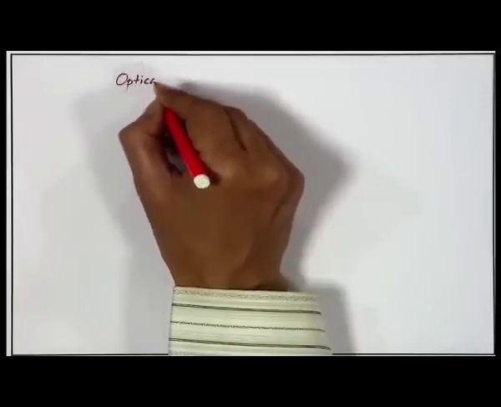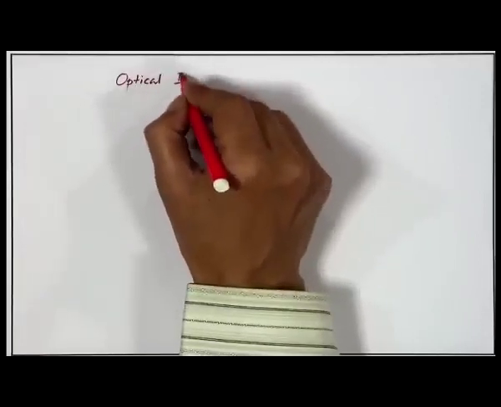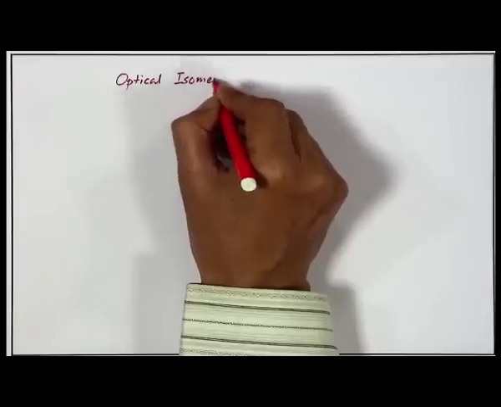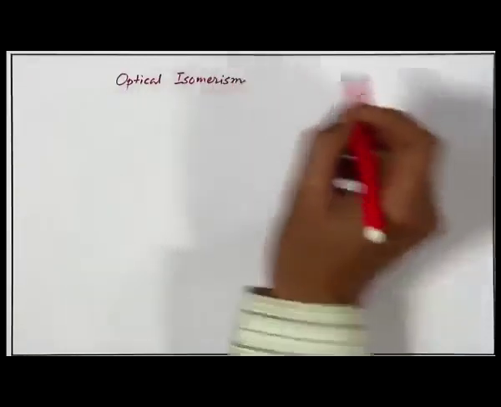So, like geometrical isomerism, we can have optical isomerism.